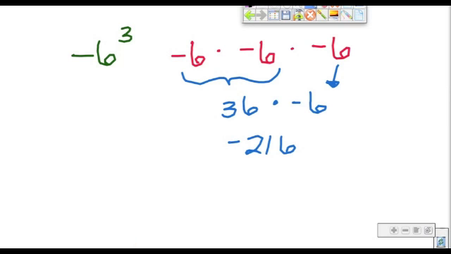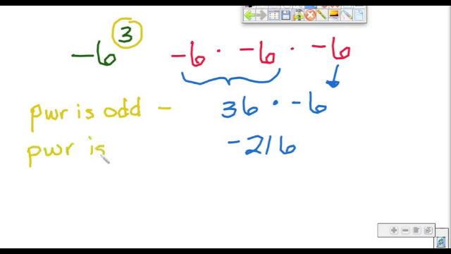Let me give you a little cheater trick. If the exponent, power, whatever you want to call it, is odd, the answer will always be negative. If the power is even, like it's a 2, 4, 6, or 8, it's always going to be a positive answer. Just something to keep in mind. Okay?